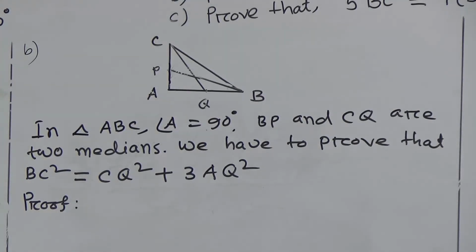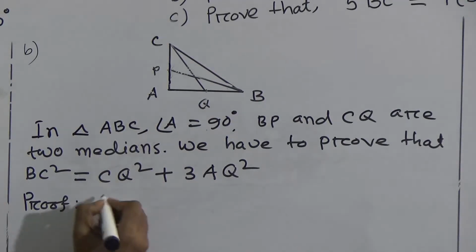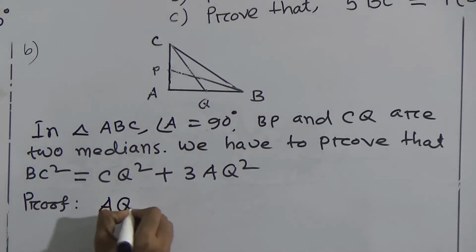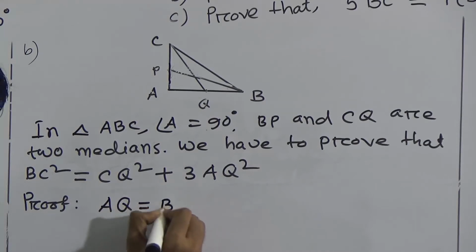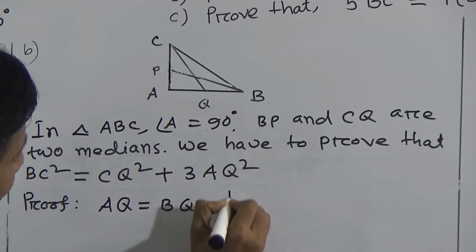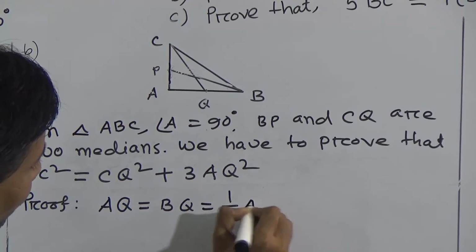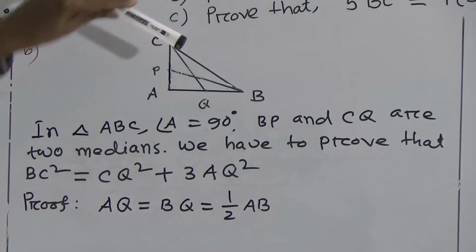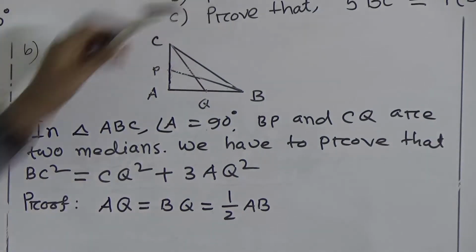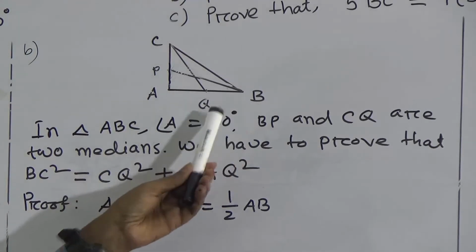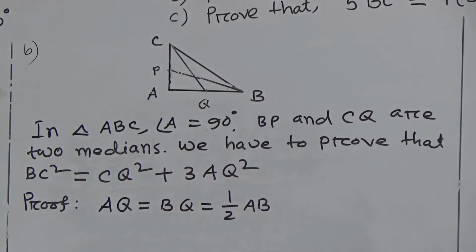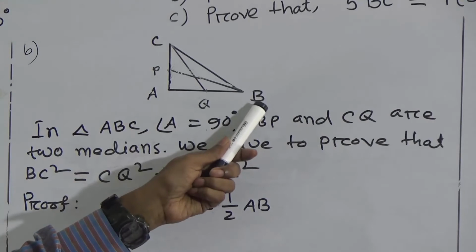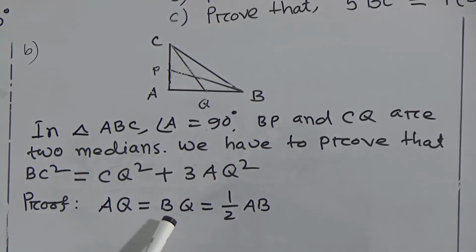Dear student, look, BP and CQ are medians. Therefore, we can say AQ or BQ equal to half of AB. As Q is the midpoint of AB, so AQ and BQ are equal.